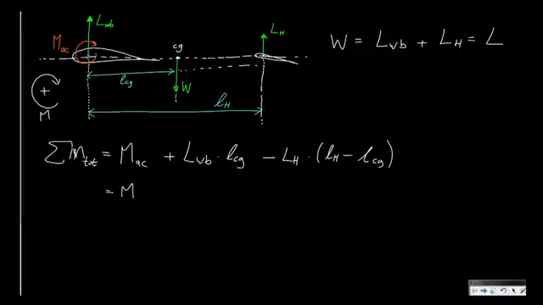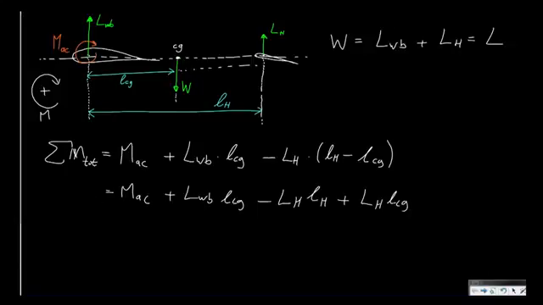So MAC remains MAC, but by taking away the brackets, we get LWB times LCG minus LH times small LH plus LH times LCG. The two minuses become a plus.